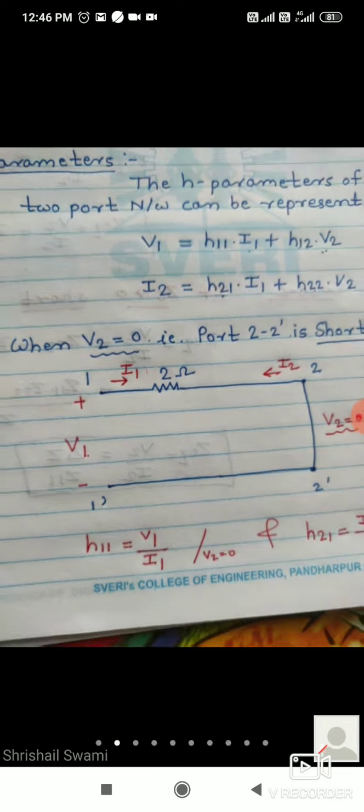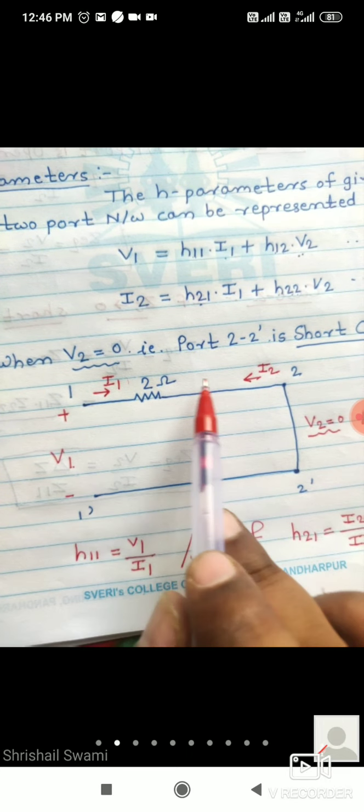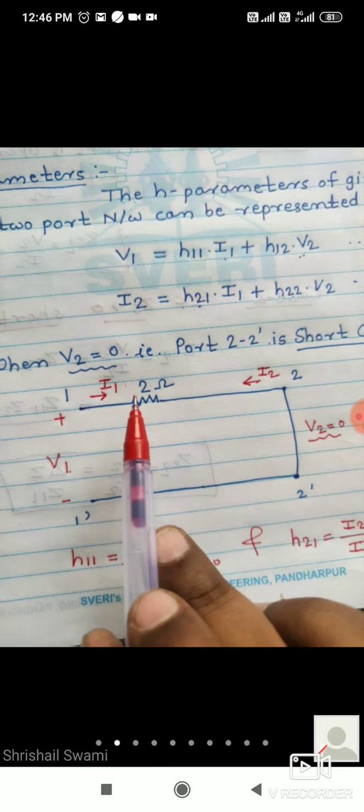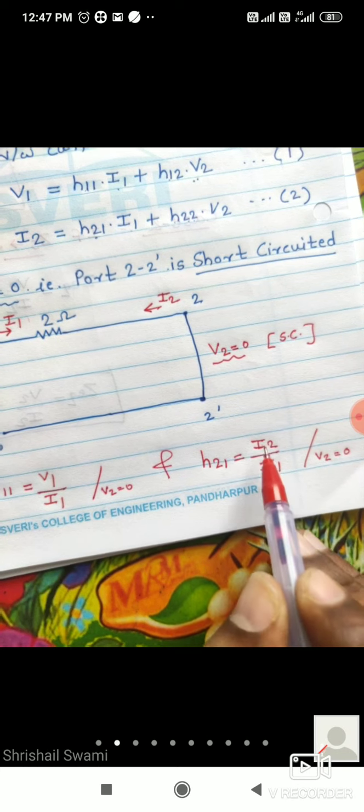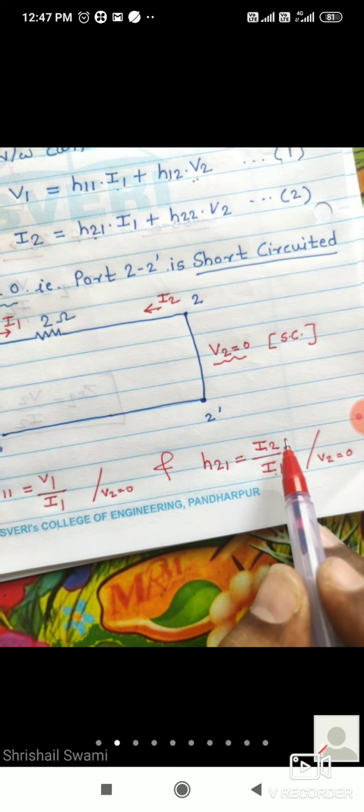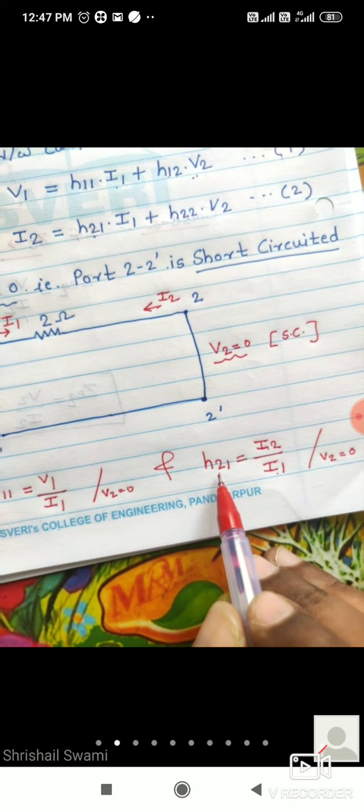I1 and I2 are the same current, only a minus sign comes because their directions are opposite. So I2 is minus I1, so I1 cancels. Minus 1 will be the answer of H21.